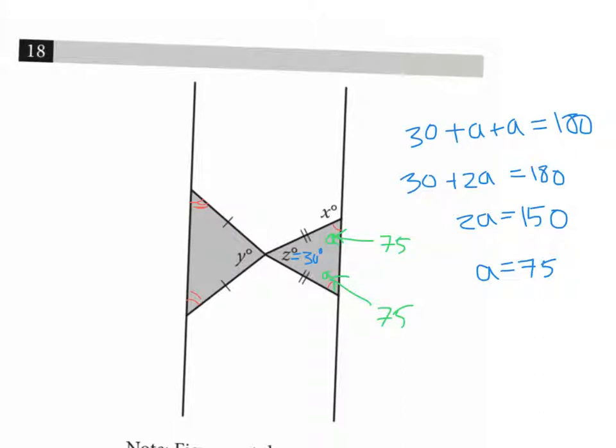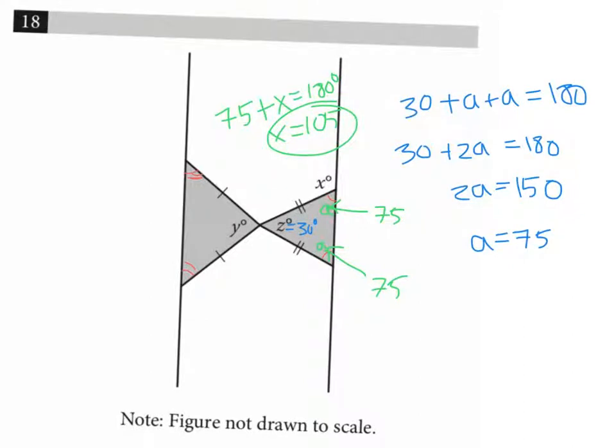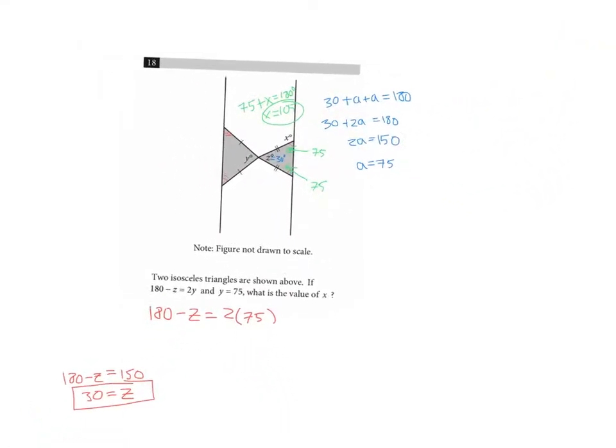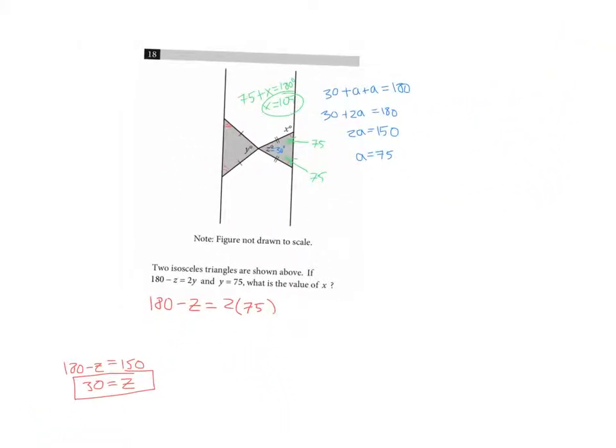They are therefore a linear pair. So 75 plus x equals 180. And we could just solve for x from there, right? X is going to equal 180 minus 75, which is 105. That is the answer. Hopefully that makes sense. And, of course, you could always rewind it if need be.